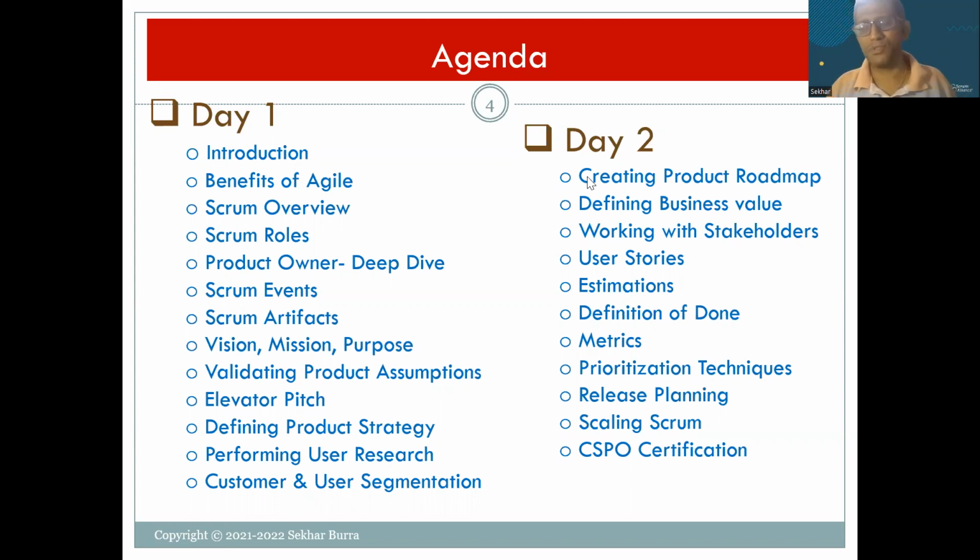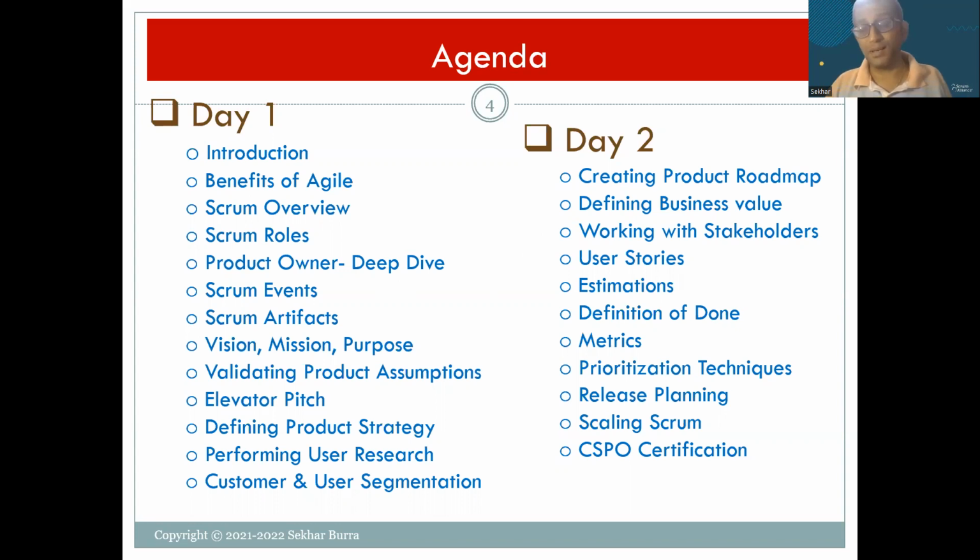We want to touch upon Scrum basics, and then we do a product owner deep dive. We also want to talk about what a product owner is and who is not a product owner, and some of the anti-patterns of a product owner. What makes product owners great, or different?